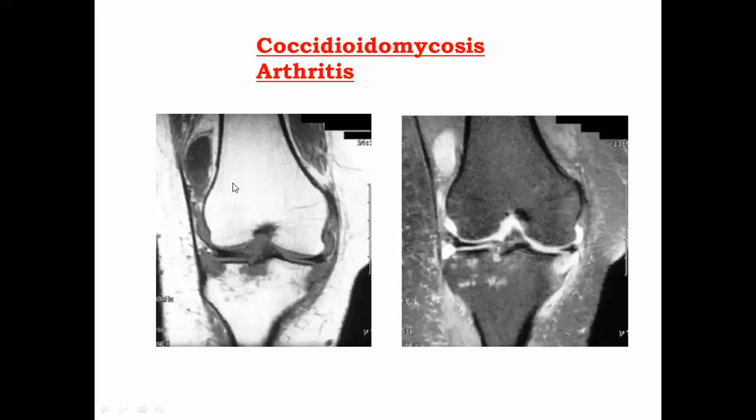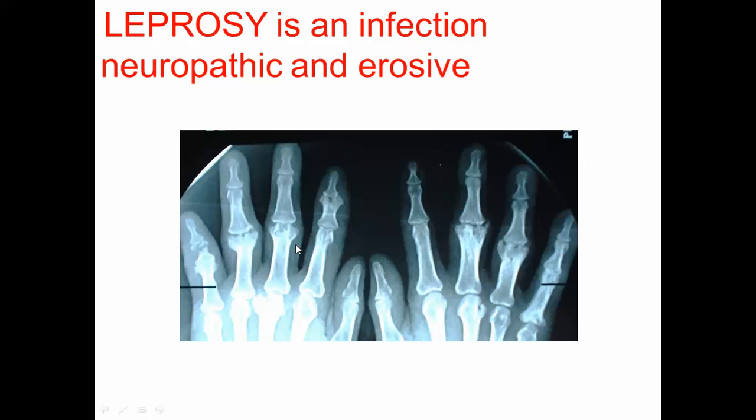In fungus arthritis, the process is not far from TB. Also, we have cystic changes, synovial proliferation, thickening, so we cannot differentiate granulomatous fungus or TB. In leprosy, expect that leprosy can manifest in two forms, either neuropathic or erosive.